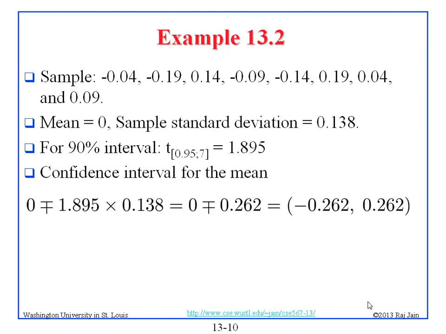So all of these numbers will change. I don't understand how the book is correct and the slides are wrong. Yeah, the book is correct. Okay, everybody got the right answer?